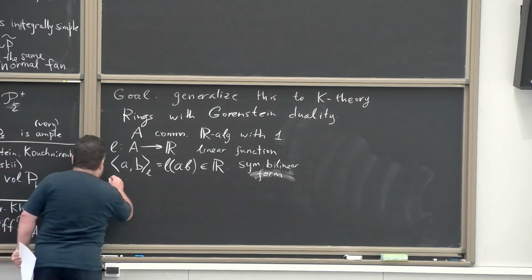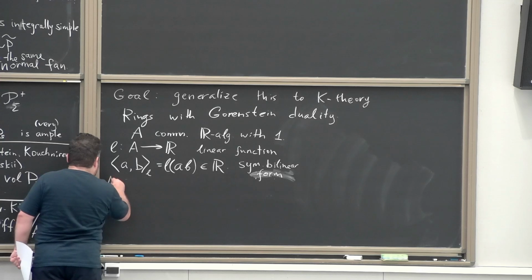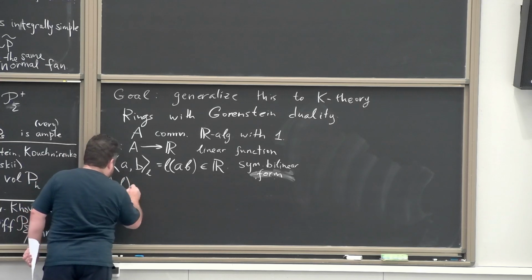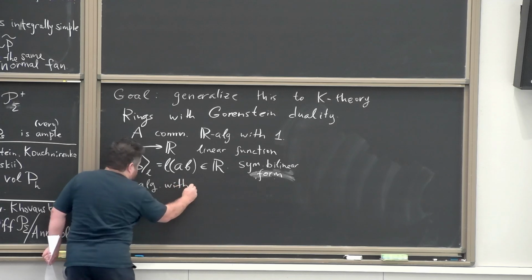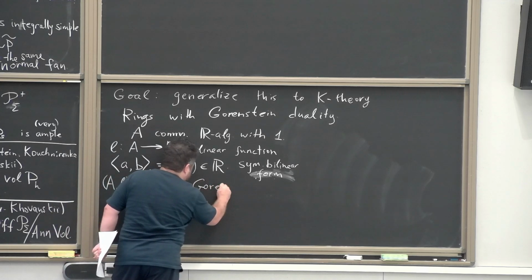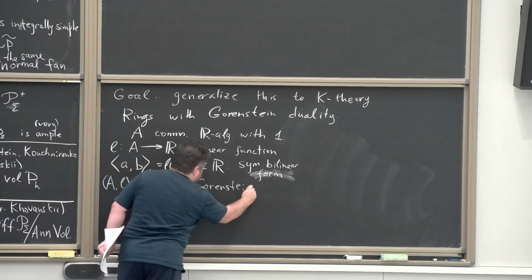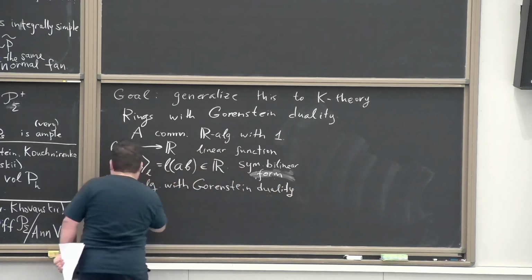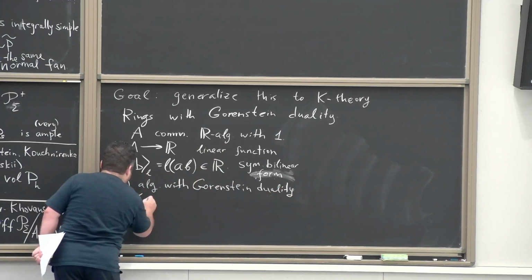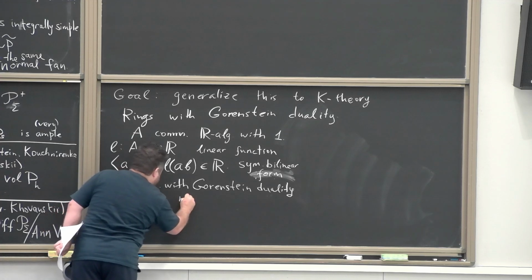So (A, L) is an algebra with Gorenstein duality if this form is non-degenerate.